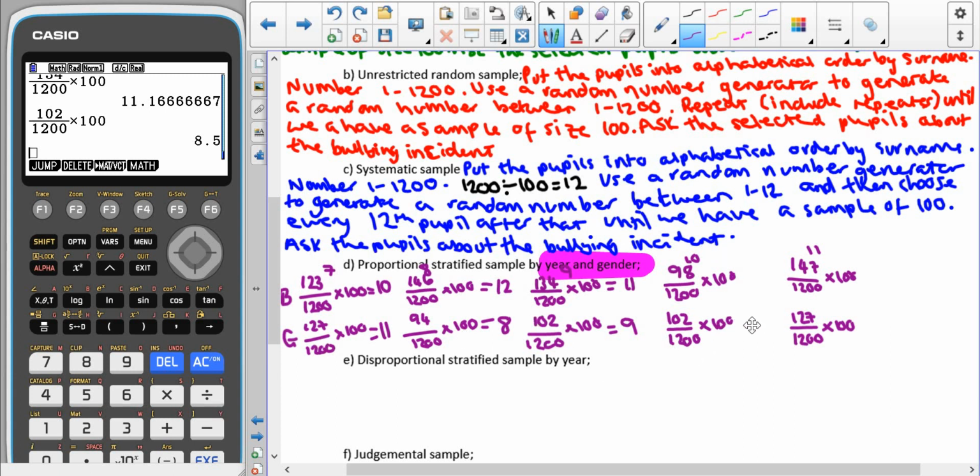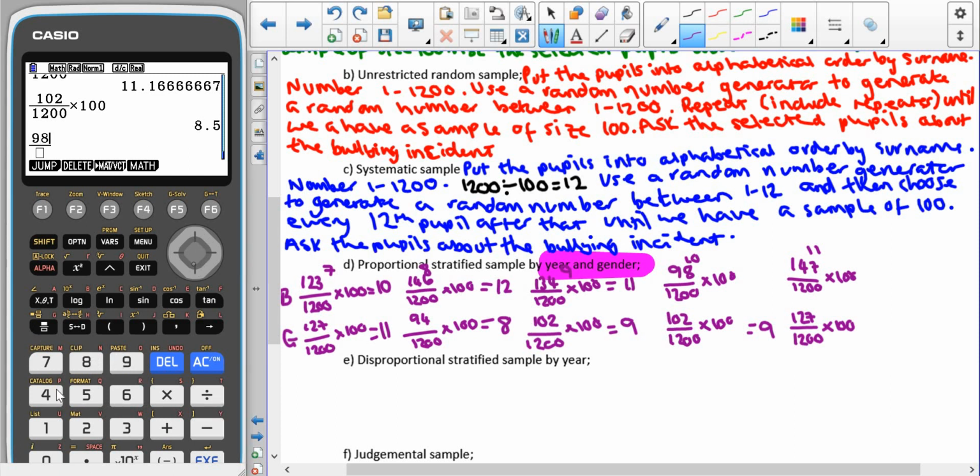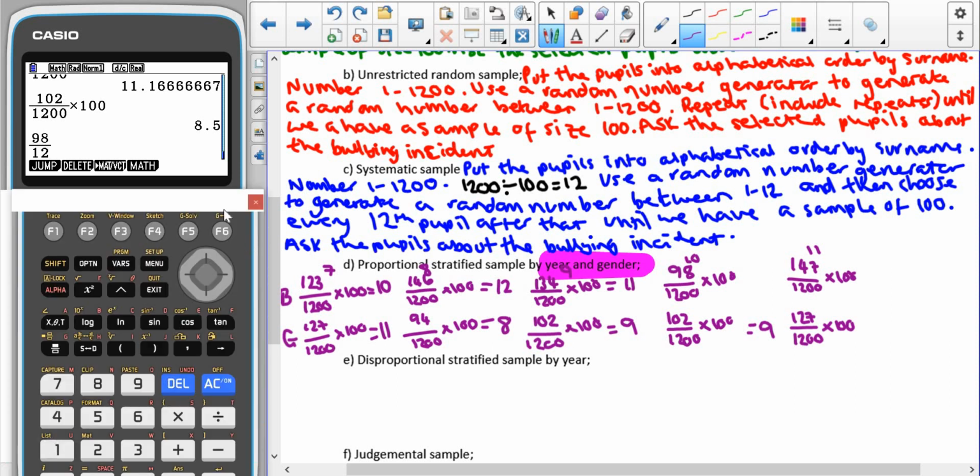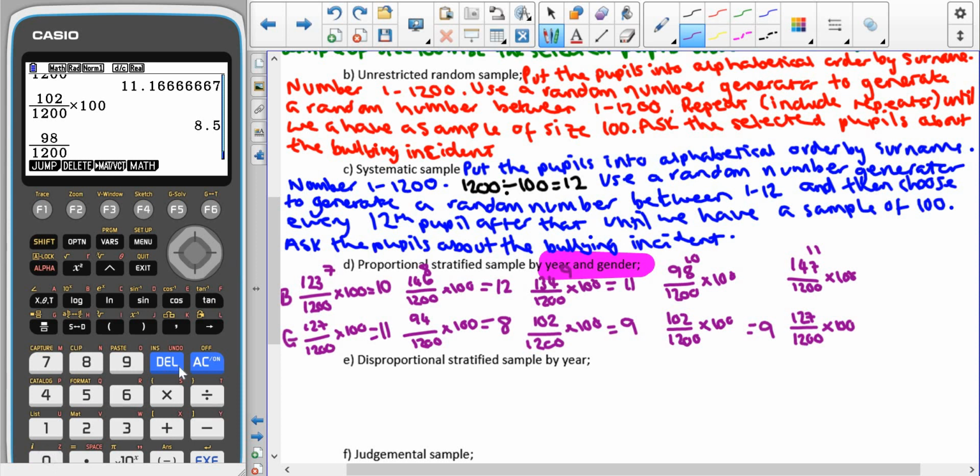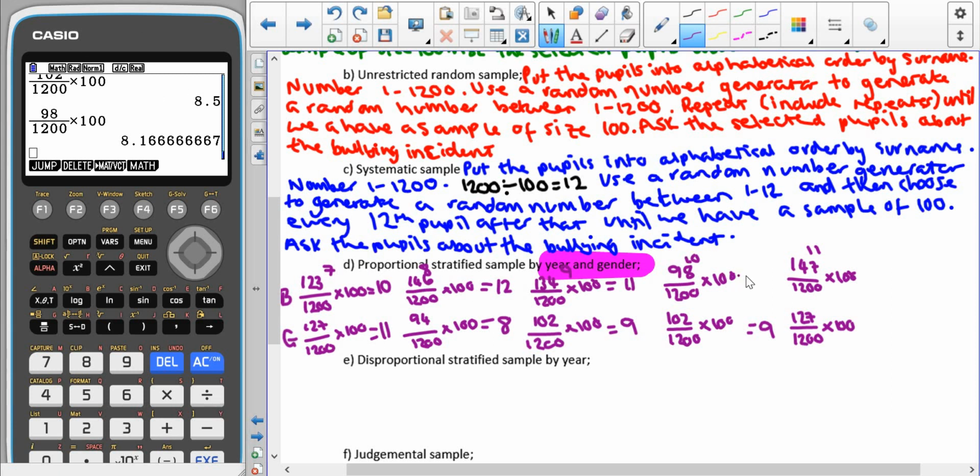And it also gives us 9 year 10 girls because we had the same amount in that group. 98 divided by 1,200 times 100 gives us 8.16 recurring, which means that we would have 8 year 10 boys.